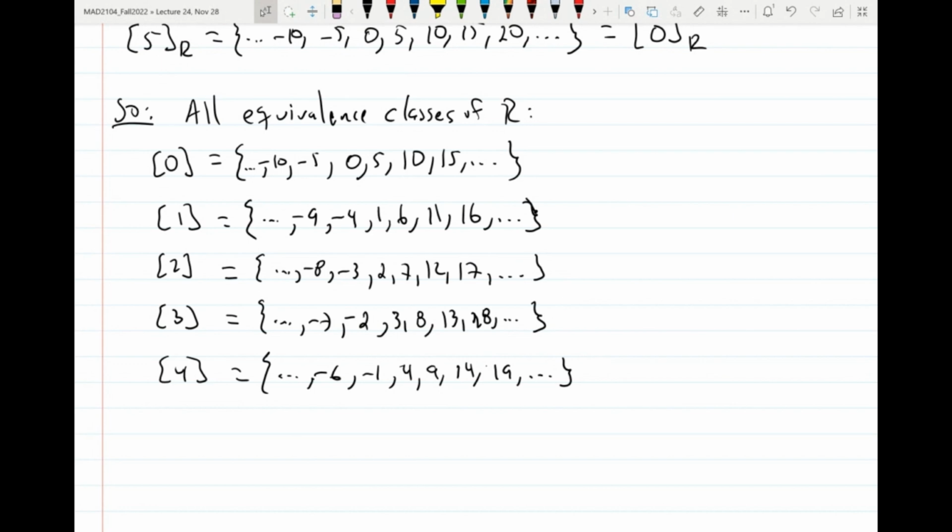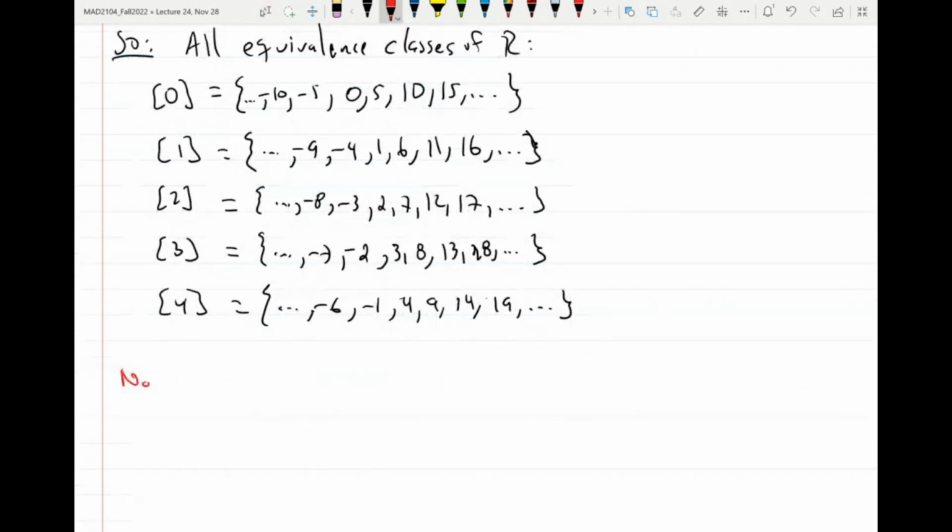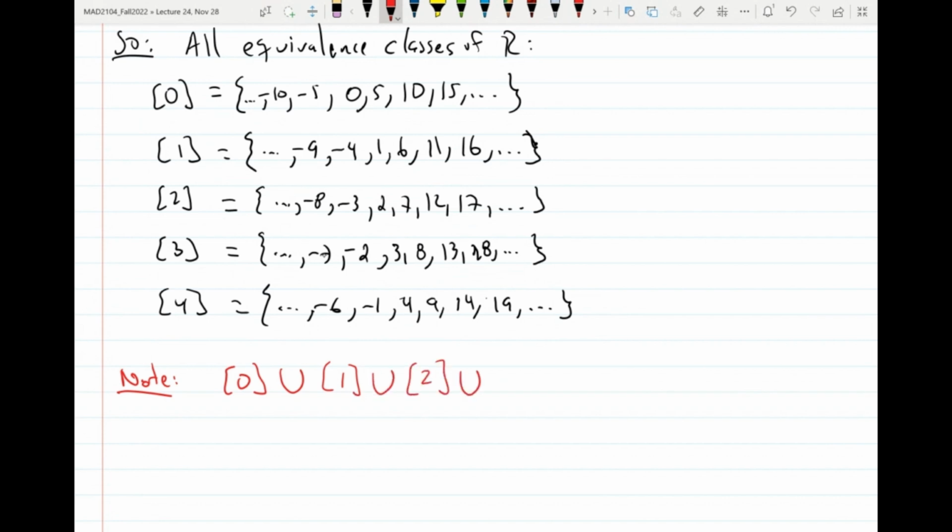So let me give you the theorem that allows you to say all of these things. Note that if I take the union of all of these, I produce all of the integers, okay? And they are all disjoint.